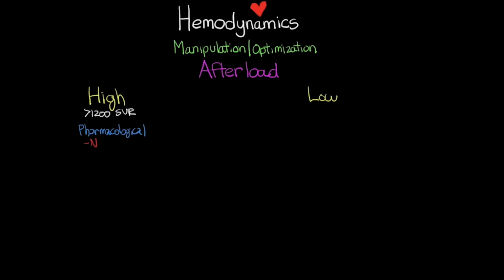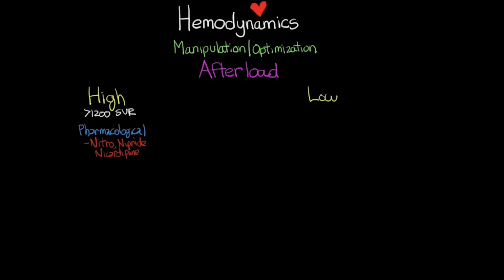These are going to be things like nitro, nipride, cardene, anything that will lower your pressure, reduce the squeeze of that vasculature to expand those vessels out and to decrease your SVR, making it easier for the heart to pump against it.